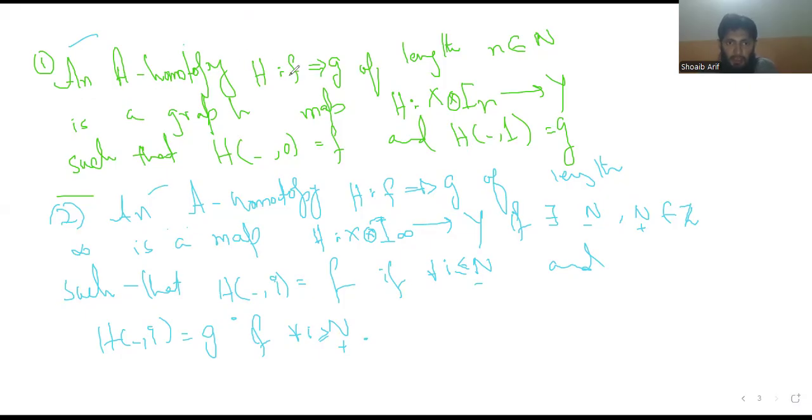A homotopy H from the graph homomorphism f to the graph homomorphism g of length n, meaning finite length, is a graph map H from X box product with I_n to Y, such that if we substitute t equal to 0, we get f for all x belonging to X, and if we substitute t equal to n, in the last step, we get g.